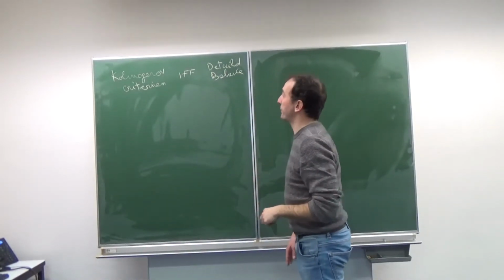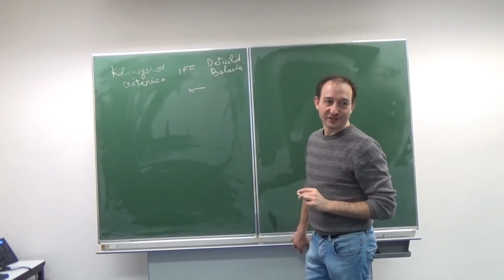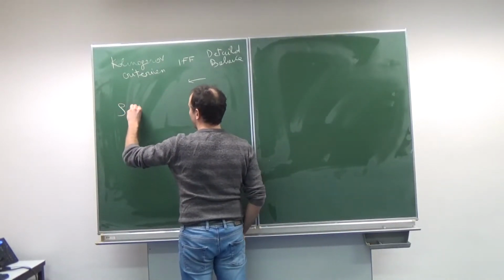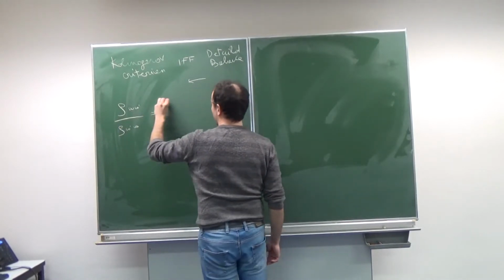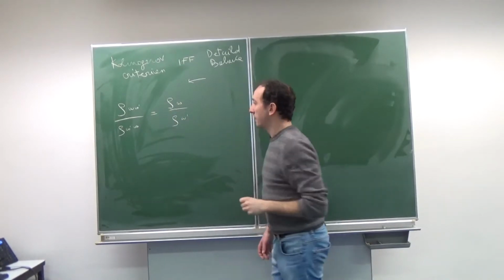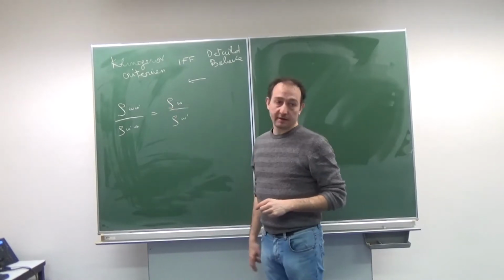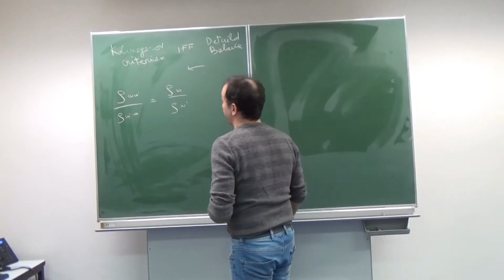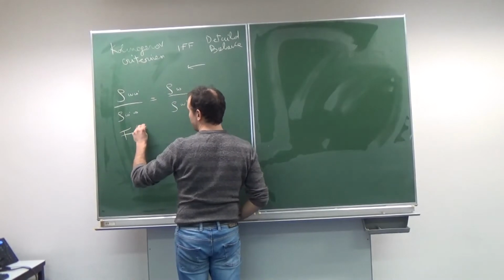So let's first prove this direction, which is the simpler one. Detailed balance, we can rewrite it as rho omega prime and omega equals rho omega prime, where I remind you that rho is the invariant probability distribution. So now we have to compute these quantities here.